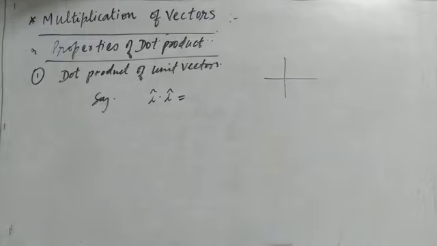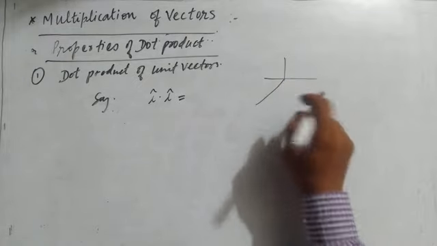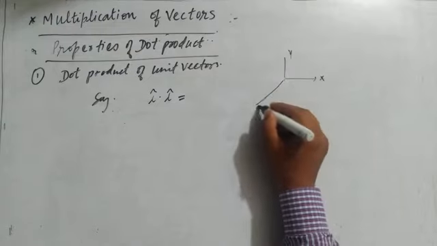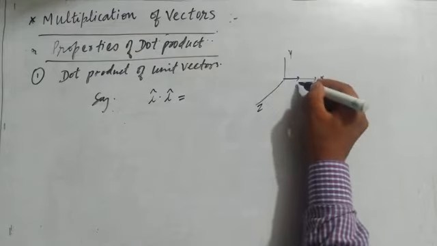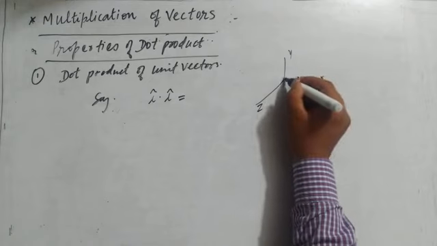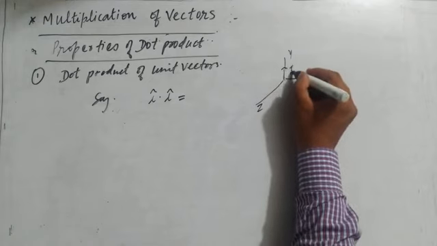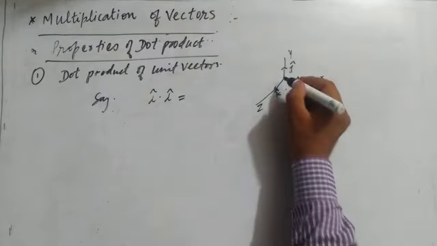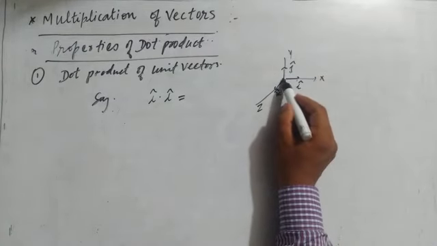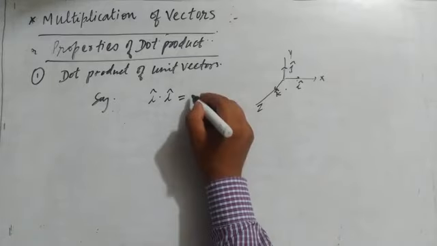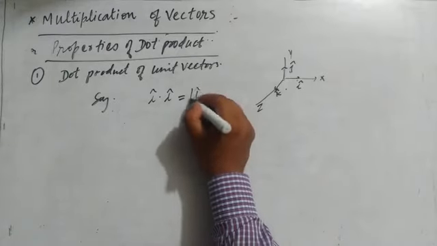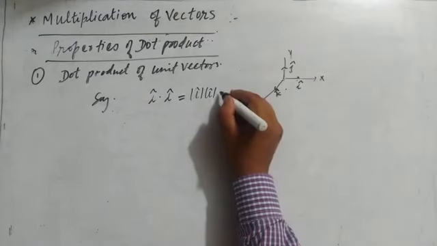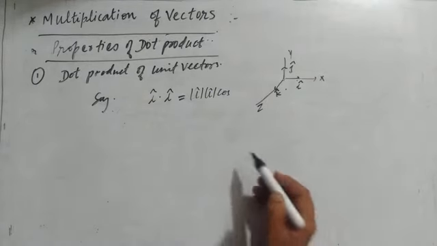So if this is x-axis, y-axis and z-axis, this is I cap, j cap and k cap. Now we have to find out the product of I into I. So we take the magnitude of I cap into the magnitude of I cap into cos of the angle between them.